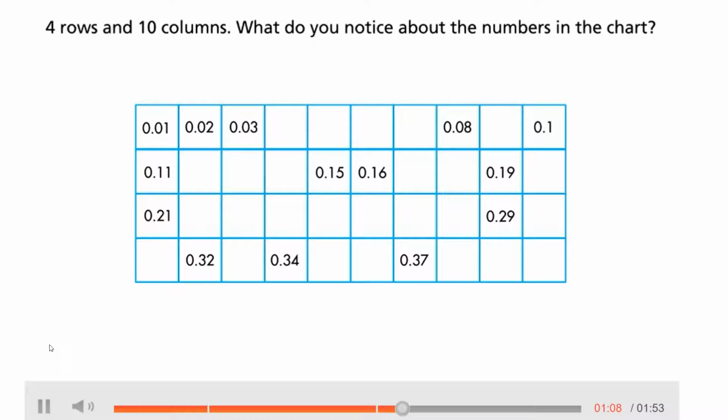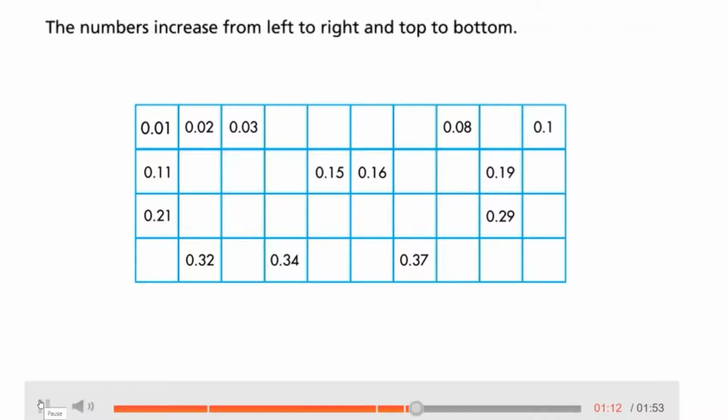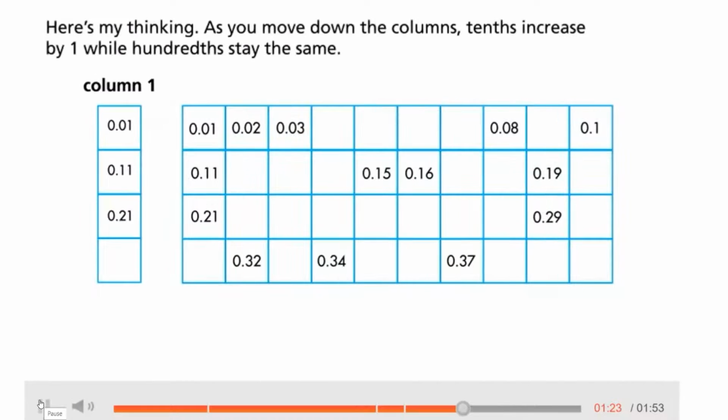What do you notice about the numbers in the chart? The numbers increase from left to right and top to bottom. Here's my thinking. As you move down the columns, tenths increase by 1, while hundredths stay the same.